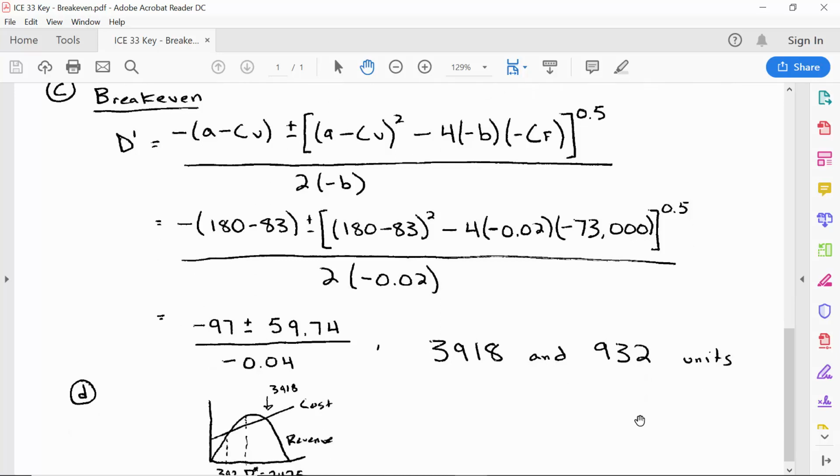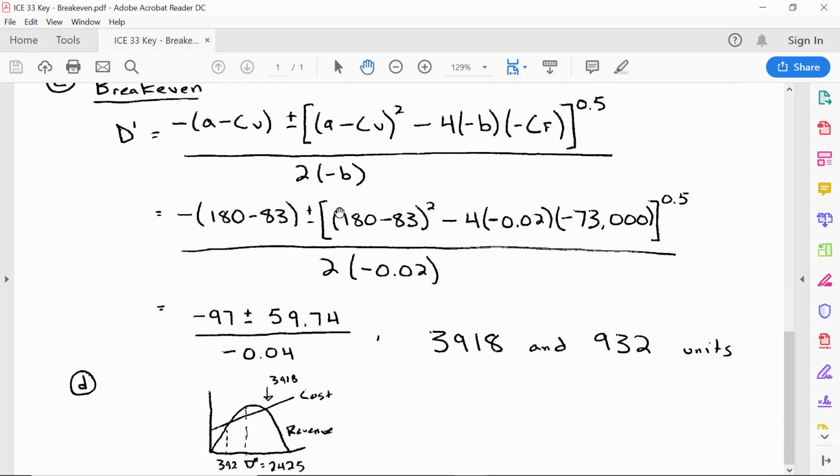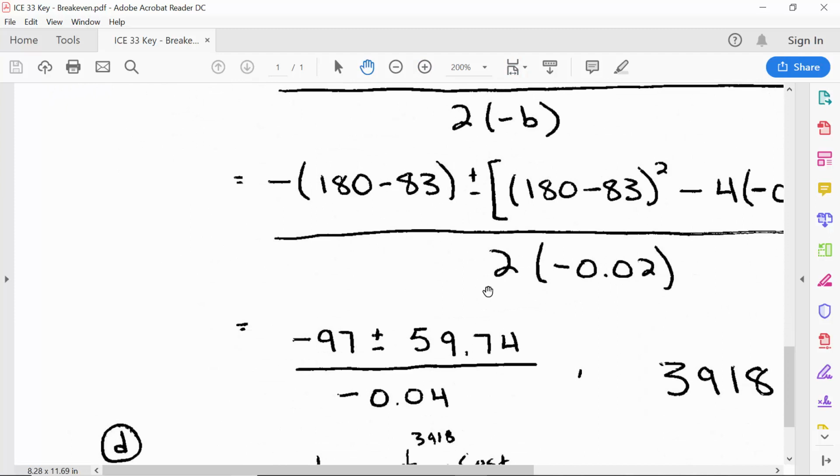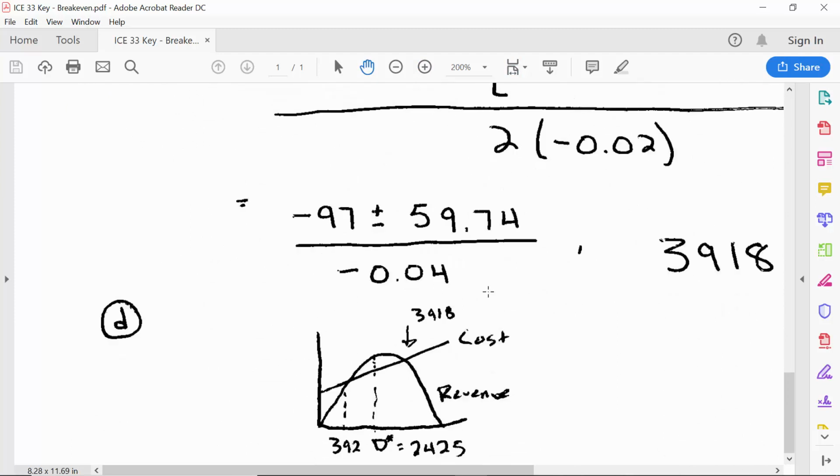And then if you just sketch it out, here's what the curve is going to look like. And that's not my best artistic efforts, but the key points here is we have our optimal demand identified, D star is 2425.